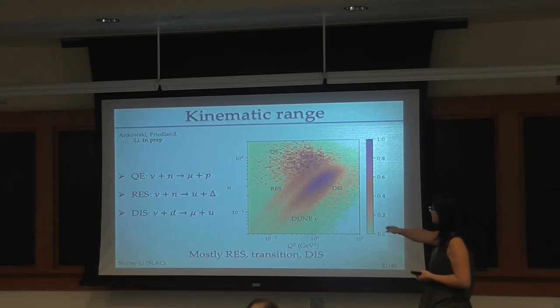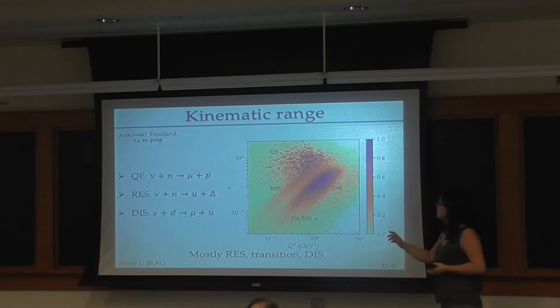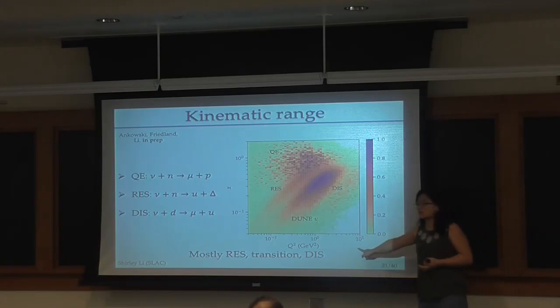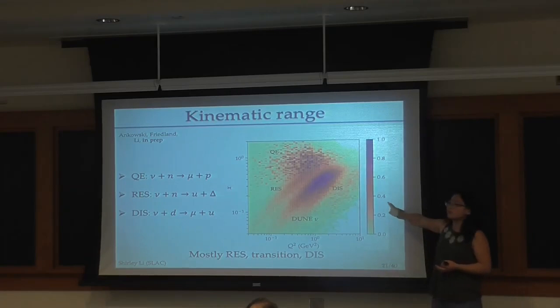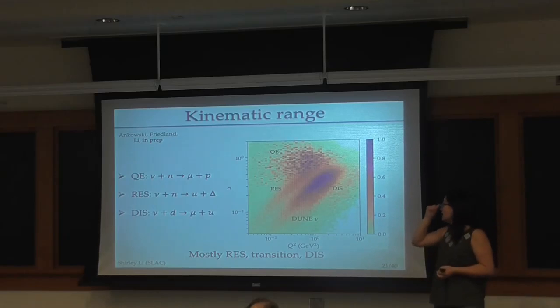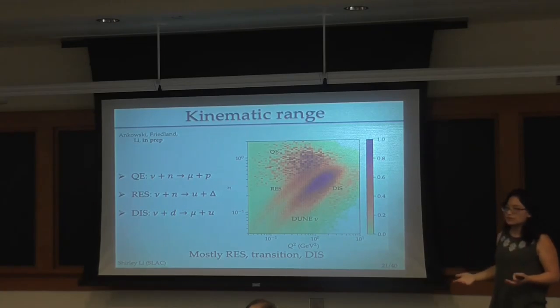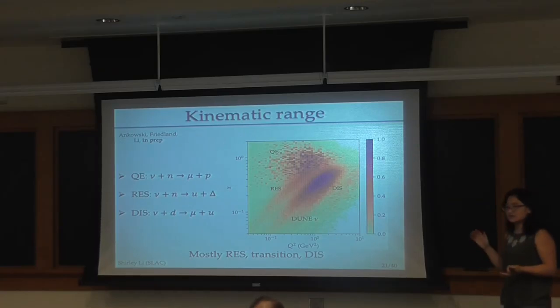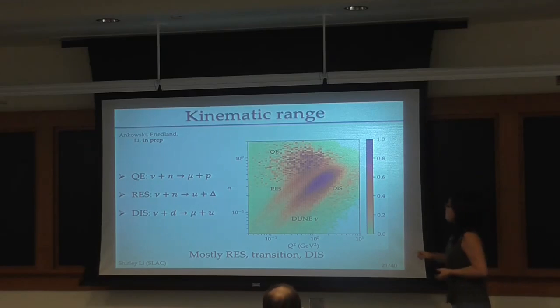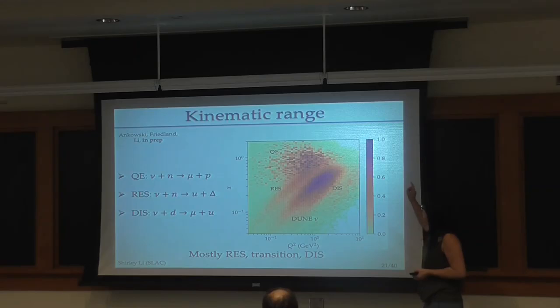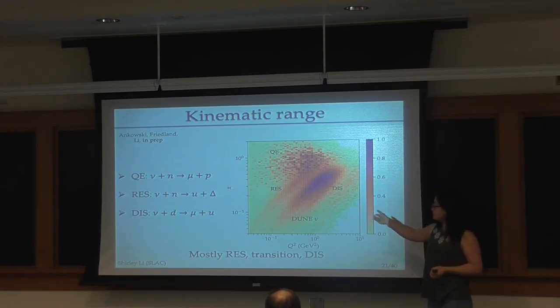That's illustrated in this figure, where I use the kinematic variables of Q squared, the four-momentum transfer squared, and Bjorken x on the y-axis. This color map shows the event distribution in the DUNE detector with the standard flux. The darker region shows there are more events.